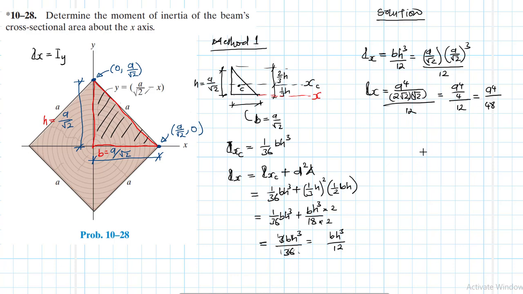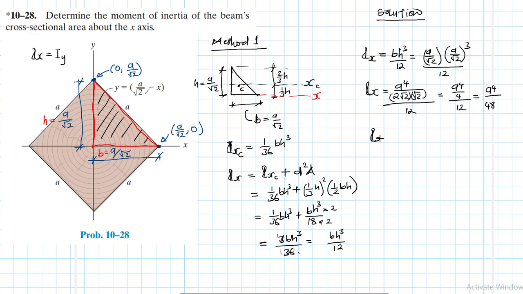So this is the moment of inertia for one triangle, and we said we have 4 of them, the ones that I've outlined in red. So to find the total moment of inertia about the x-axis, we need to multiply that by 4.